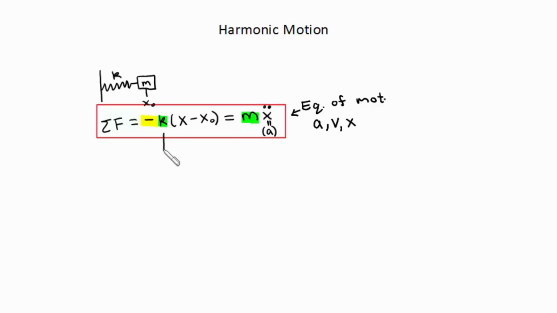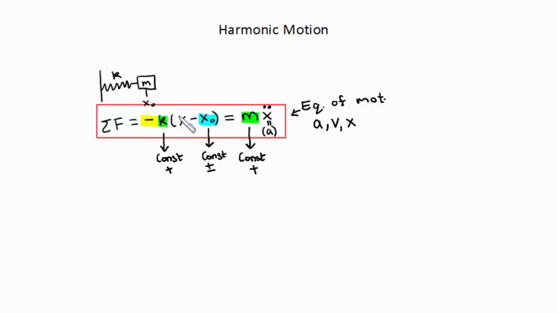This is a constant and it's positive, and this is also a constant and it's positive, and we must always have our x0 here. Our x0 can be positive or negative, but it's also a constant. It's the only difference, and it must always look exactly like this.